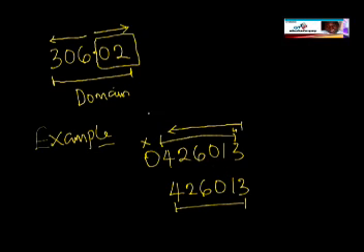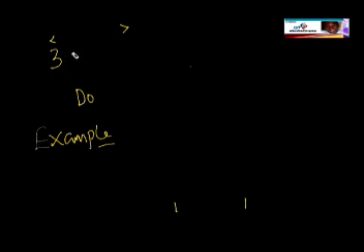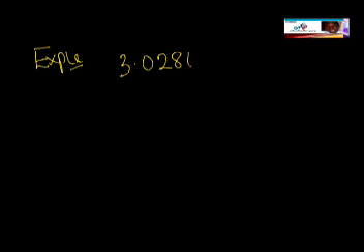But what about if it is on the decimal part? Say for example, you have 3.02800.